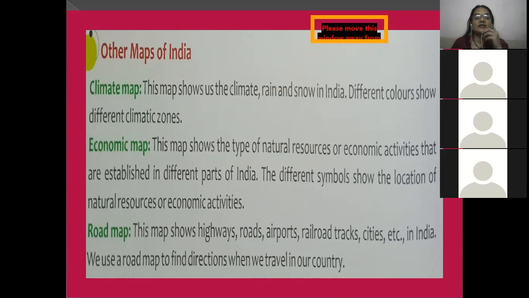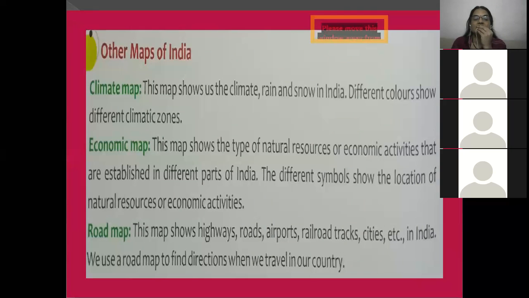See, the climate of a place changes everywhere. We don't have the same climate everywhere. Economic maps. This map shows the type of natural resources or economic activities that are established in different parts of India.